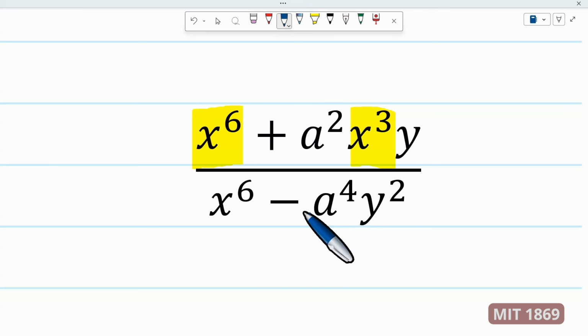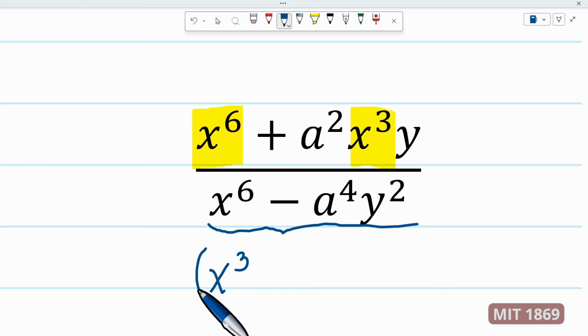Notice this, okay? We don't have squares here. What do you mean, Professor? Simple. Let's do this: x to the power of 6 becomes x cubed, squared. I basically used properties of exponentiation: 3 times 2 gives 6, so we have here the x to the power of 3, squared.